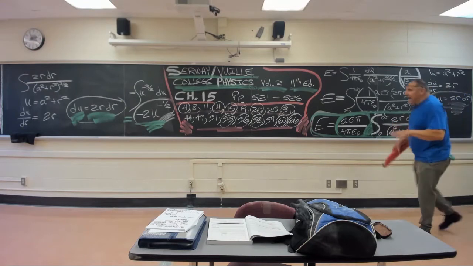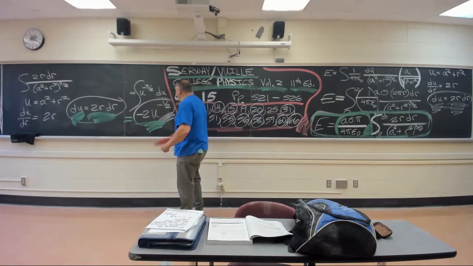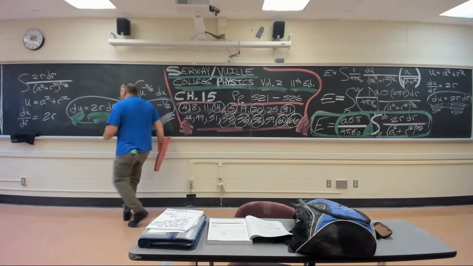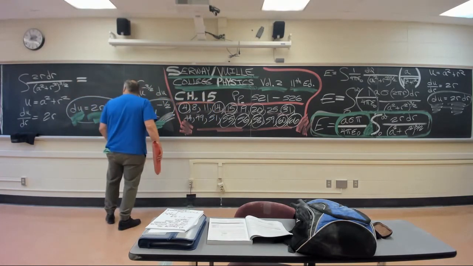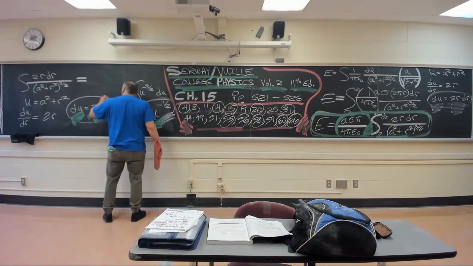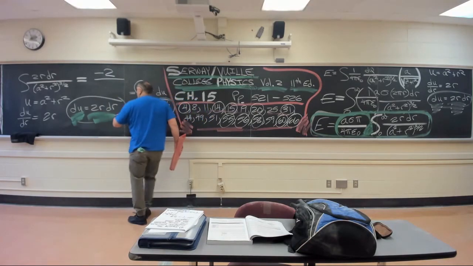I'll throw that on when it's time to throw that on. What did we say the u was? They're saying that's -2 over the square root of u.